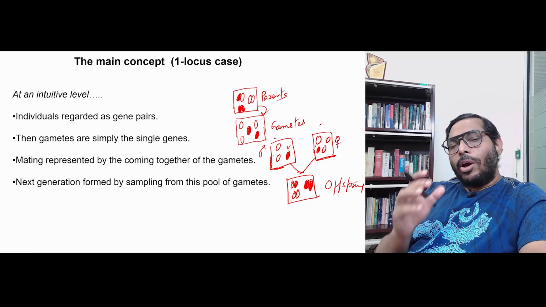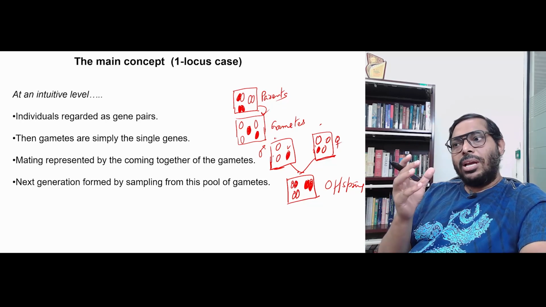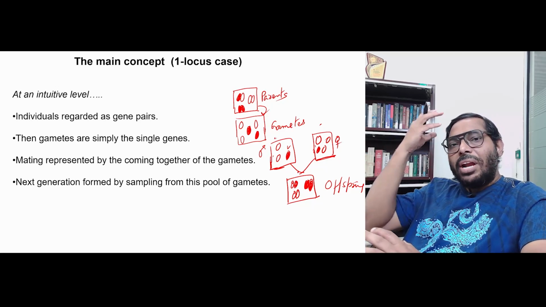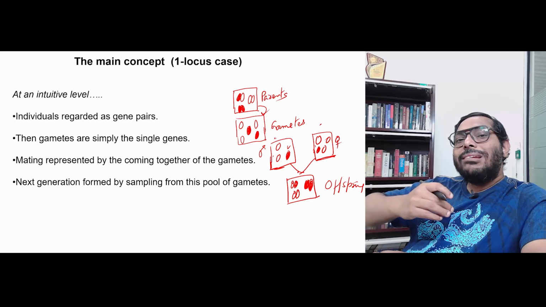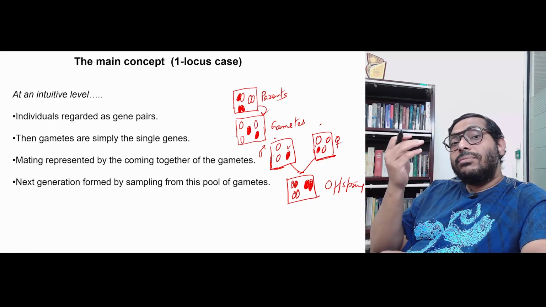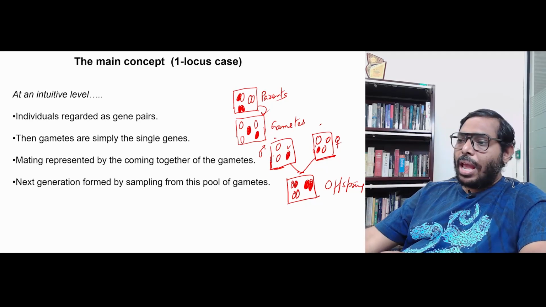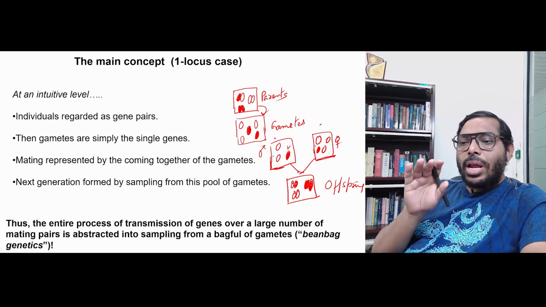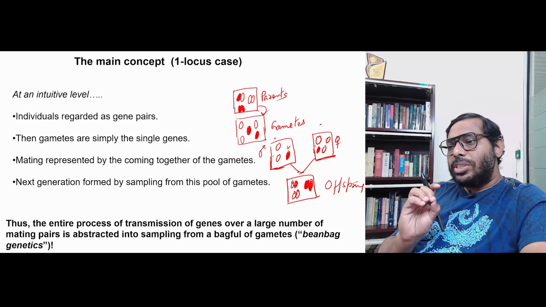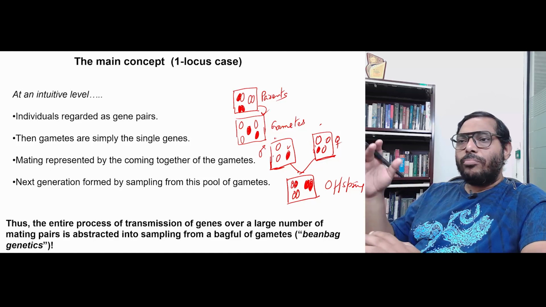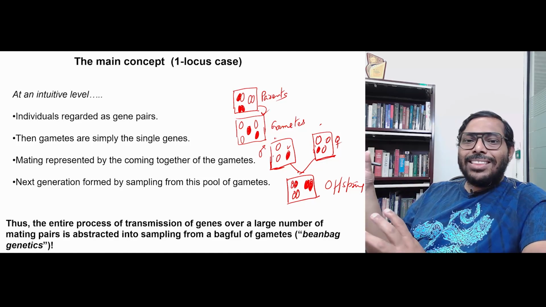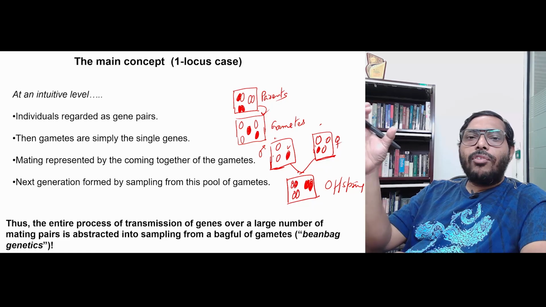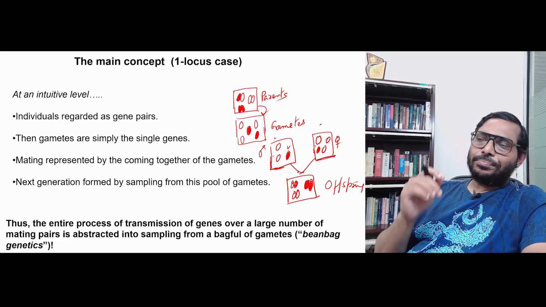It takes a problem in the domain of biology, and by making these assumptions, these mental constructs, it translates them into things in the domain of probability. And of course, it is much easier to handle them there. So, the entire process of transmission of genes over a large number of mating pairs in the population gets abstracted down into sampling from a bag full of gametes.